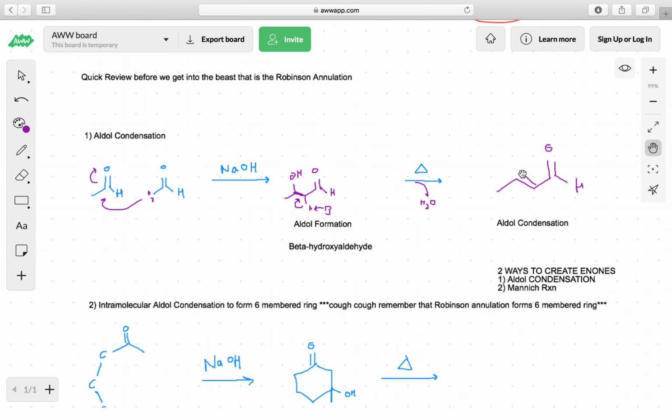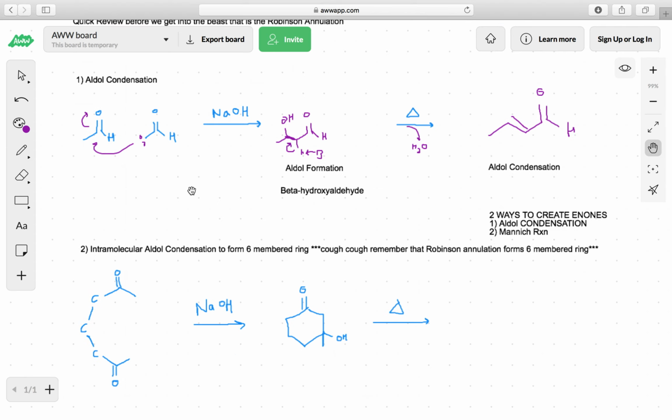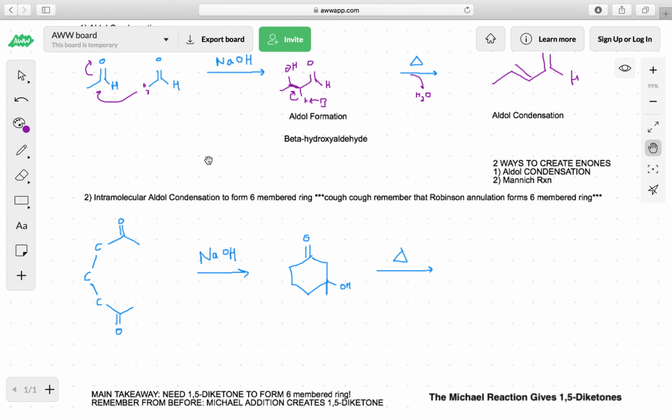Alright, so now we saw a simple version of the aldol condensation. Now let's go over a more complicated intramolecular aldol condensation. Here we have a pretty long molecule, and if we add base to it, we know we're going to do aldol within itself, so this is intramolecular.